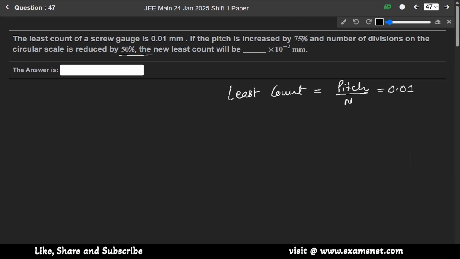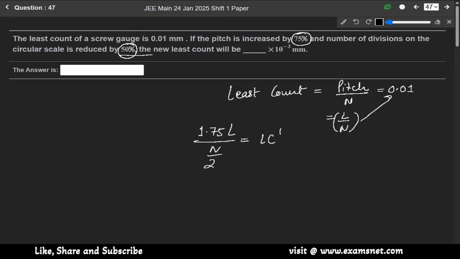So pitch over n is this. If the pitch is increased by 75%, it will now be 1.75 L, and the number of divisions is reduced by 50%, which means half, n by 2.